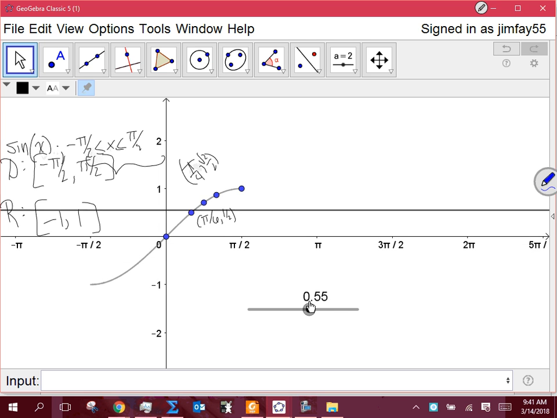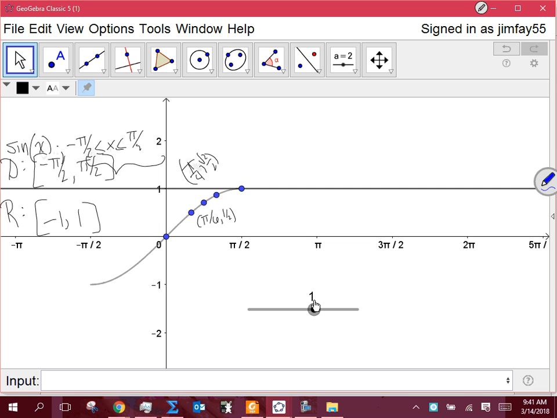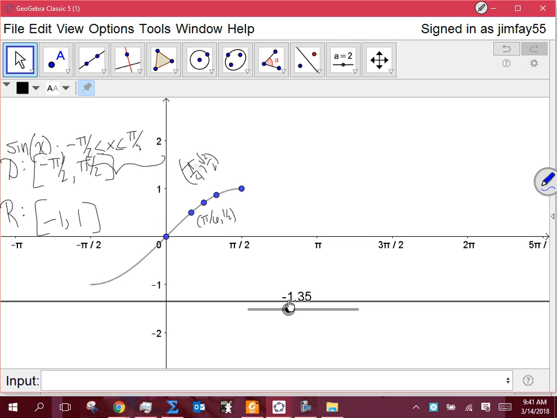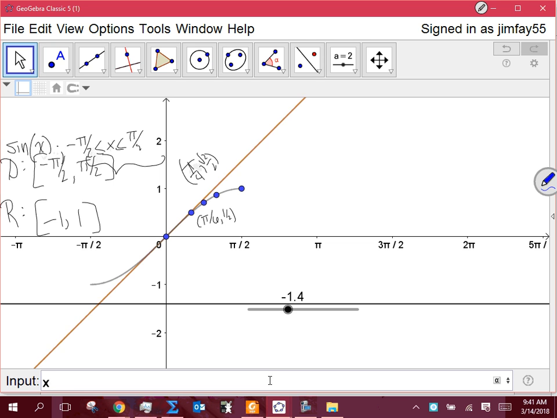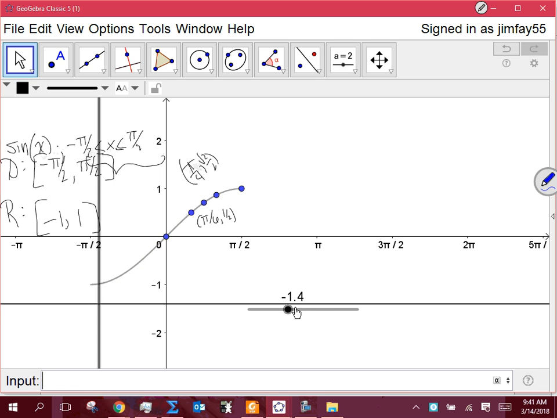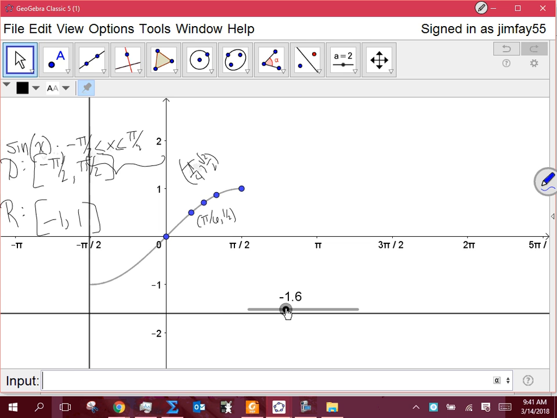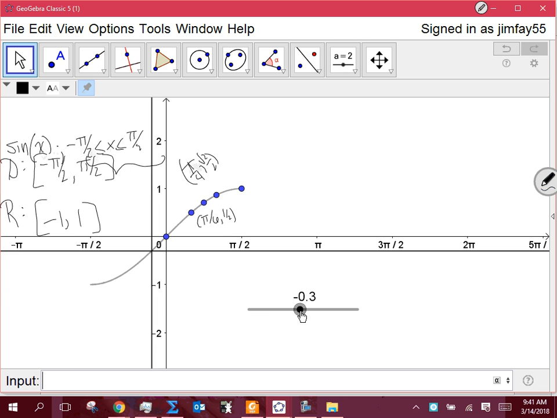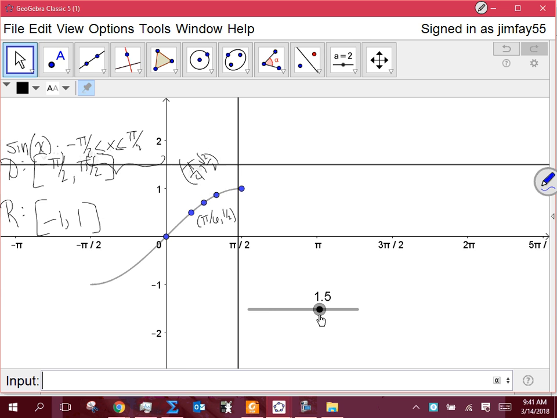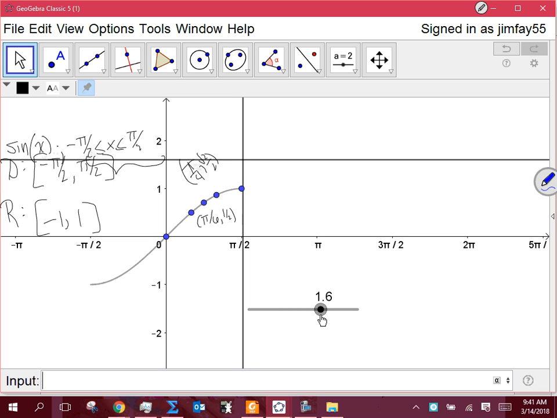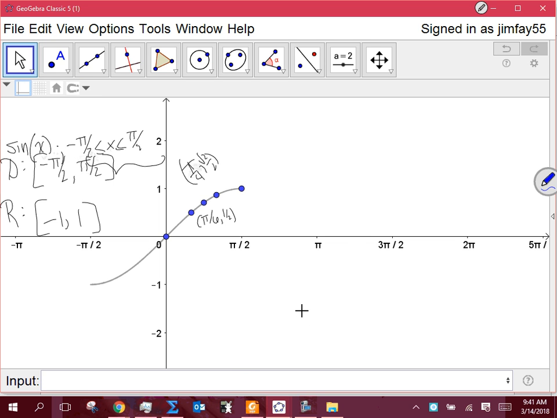And the last y value you pass through is positive 1, okay? If I looked at my x values, the first x value you come through would be negative pi over 2, right? And the last x value you come through would be pi over 2, okay? So that's where we're seeing these domains and ranges come from.